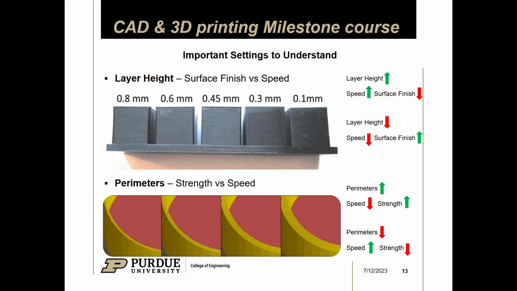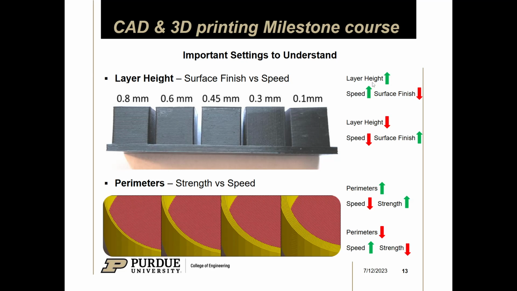So depending on what you want, there's usually a fine balance in the middle where you want to balance your quality with speed, because you don't want to wait forever for your part. I'd say the vast majority of people use a layer height of 0.2 millimeters, but that again depends on your application. But 0.2 is usually where people sit.